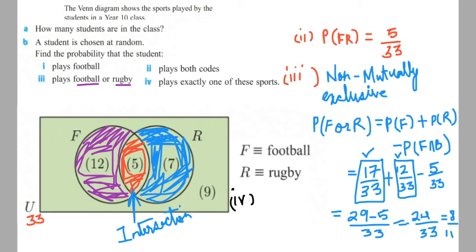Let's solve the last part, which is probability of choosing a student who plays exactly one of these sports. So one of these sports will be probability of students who are playing only football plus probability of finding a student who plays only rugby. So this will be 12 upon 33 plus 7 upon 33, which is 19 upon 33.